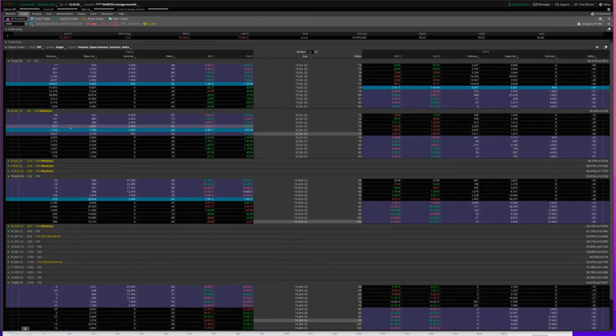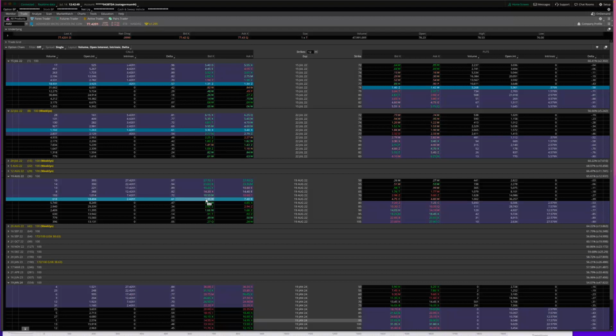Oh, okay. So I would buy to open the August 19th $75 AMD calls at 7.40, and then I would own that contract. It has a delta of 61.